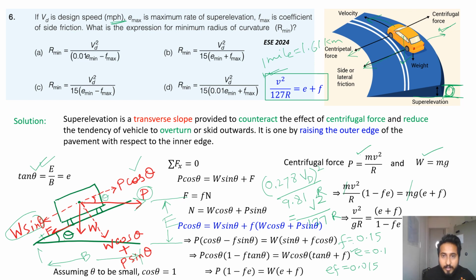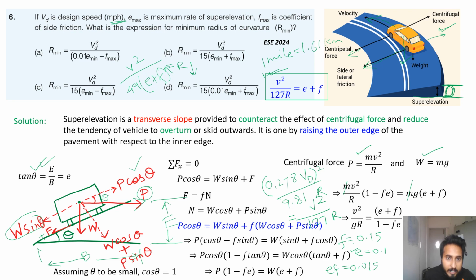So if it is in miles per hour, we get v square by 49 into e plus f equals r.